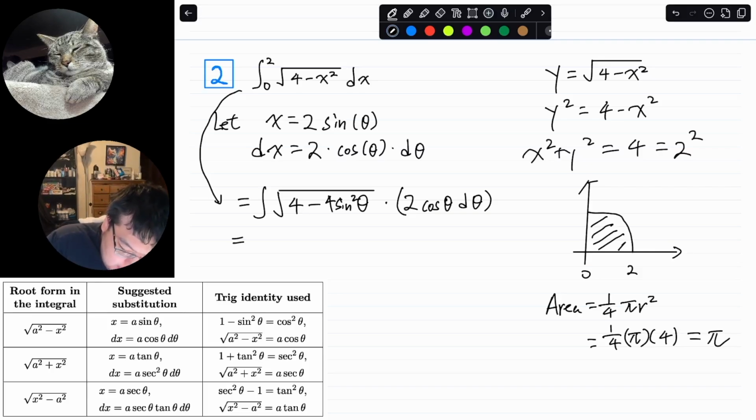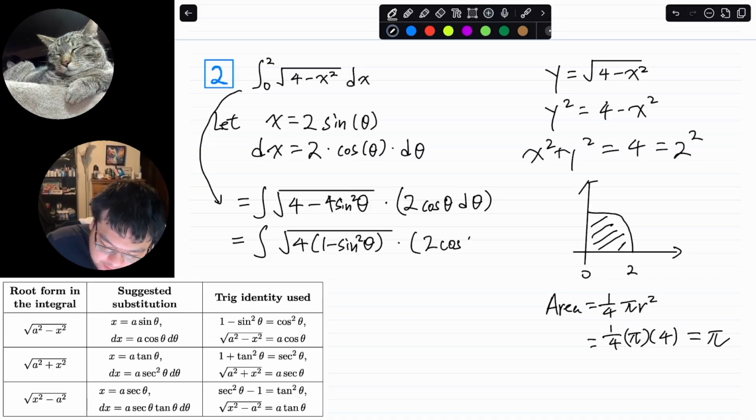So this guy, 4 minus 4 sine squared theta, you can actually factorize the 4 out: 1 minus sine squared theta, times 2 cosine theta d theta. And we know that 1 minus sine squared is essentially just cosine squared.